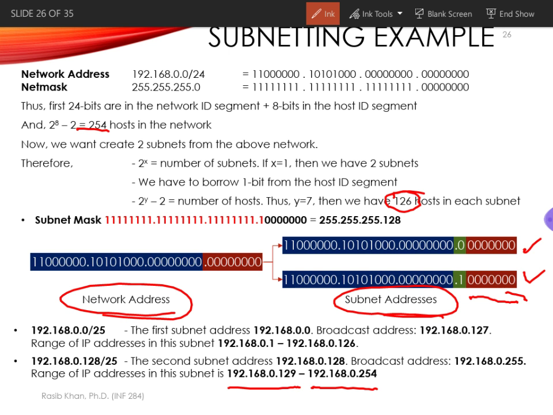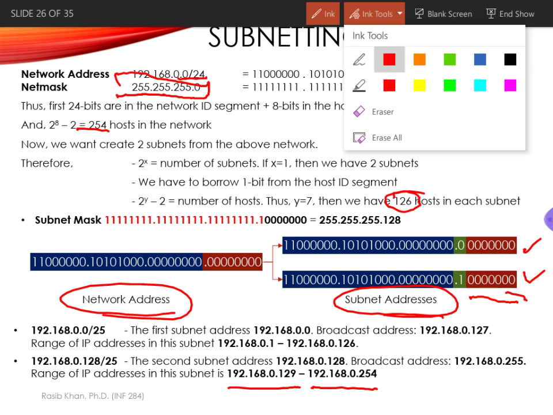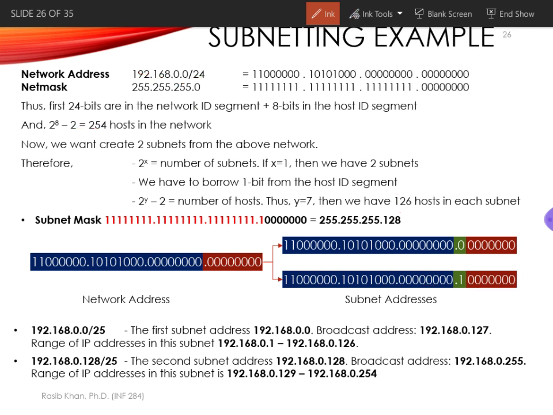Right? And before, our netmask was derived from a /24 network address, and therefore it was 255.255.255.0. But now this is a /25 address. So we have to set the first 25 bits to ones and the remaining bits to zeros to calculate what we call the subnet mask.